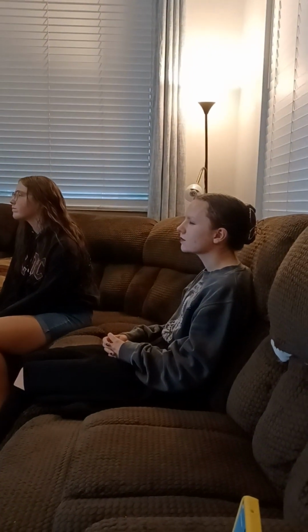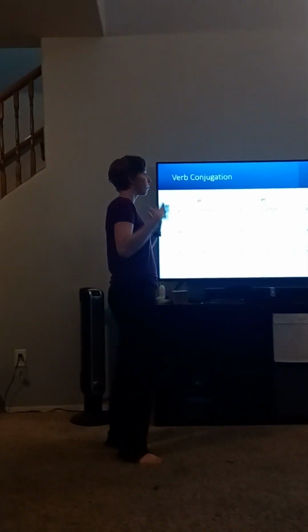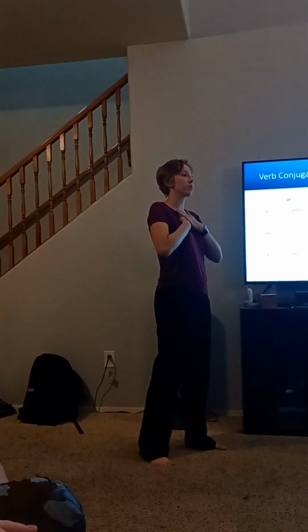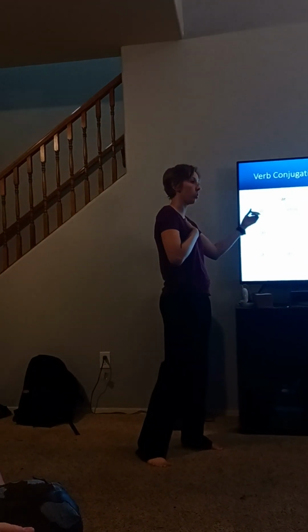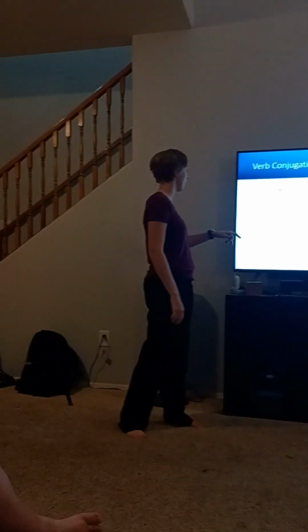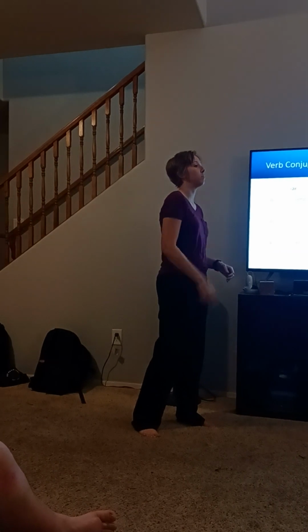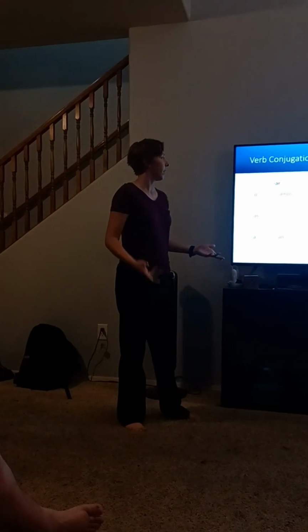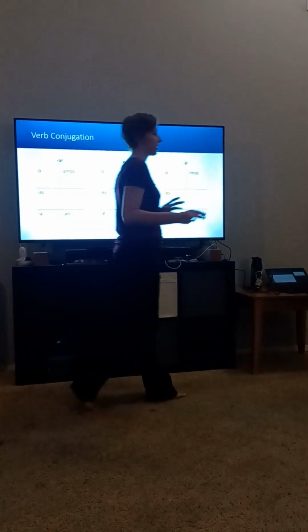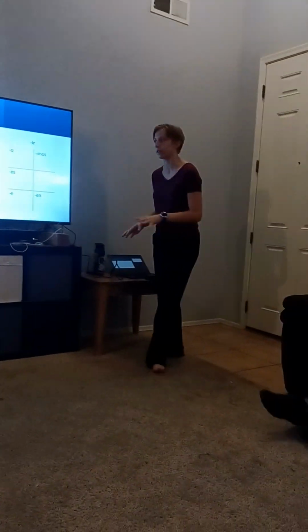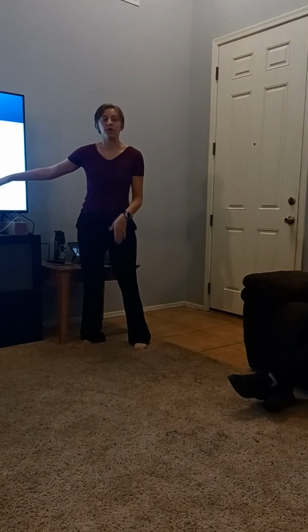To use these endings, we match them up to the pronouns. So if you're talking about yourself, you would use the ending o. Like I live is yo vivo. And then if you're saying you live, it'd be tú vives. And it just keeps on going through the conjugations. And you never mix the conjugation with the pronoun. Like you can't go yo vive.